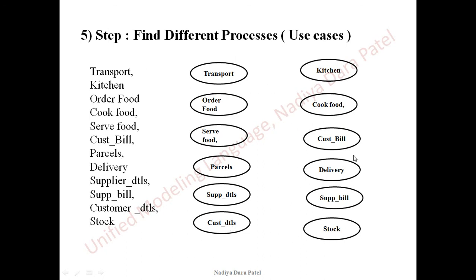While reading, I found that customer details is related to customer bill. Customer's bill is going to get generated only if the customer is having food, so order food is again related to customer.